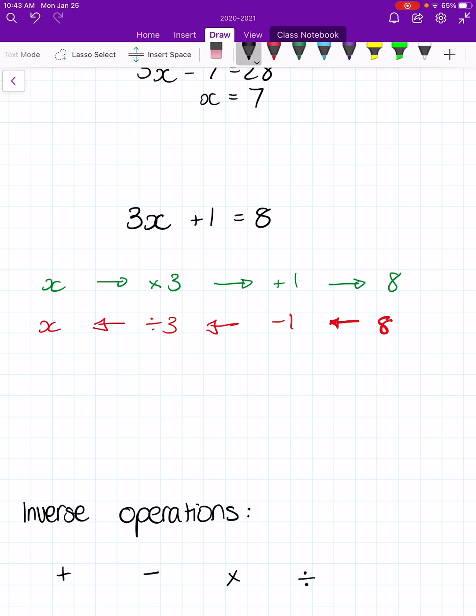So 8 take away 1 is 7. 7 divided by 3, well, we don't have a whole number there, but it's still a number, and I can write it as 7 divided by 3. I could give it as a fraction. So not all of your equations might result in a nice whole number at the end of it. Sometimes we have fractions as our answers.